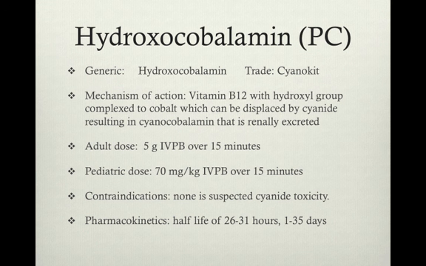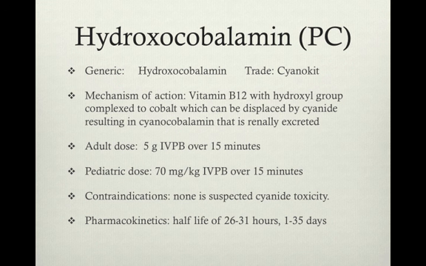Hydroxocobalamin. The generic is hydroxocobalamin, and the trade name, which is a lot easier to say, is Cyanokit. Mechanism of action: this is vitamin B12 with a hydroxyl group complexed to cobalt, which can displace cyanide, resulting in cyanocobalamin that is renally excreted.